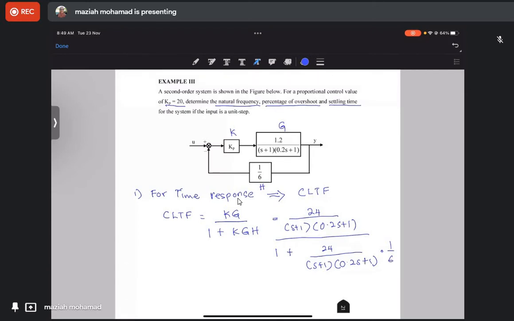If you practice block diagram manipulation, you will know you multiply to here so that you can cancel this term together.